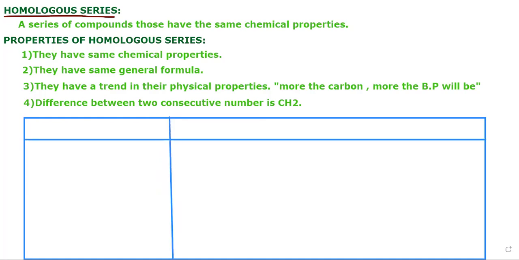We are keeping our first box for alkane, second one for alkene, third one for alcohol. Okay, so let's start.